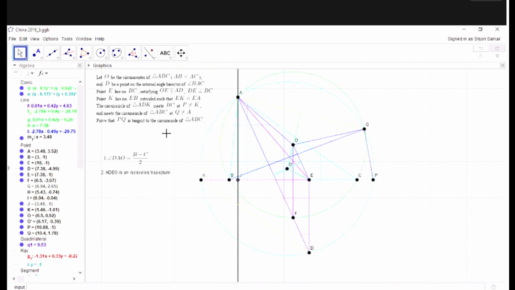Also, that's a contrast thing I told: we are considering the circumcircle of ADK and not the circumcircle of AKE, whereas AKE is the isosceles triangle that is given. Actually it's given in the question that the circumcircle of ADK meets BC at P and then meets the circumcircle of ABC at Q. So that follows from there. It's not completely contrasting or something like that.